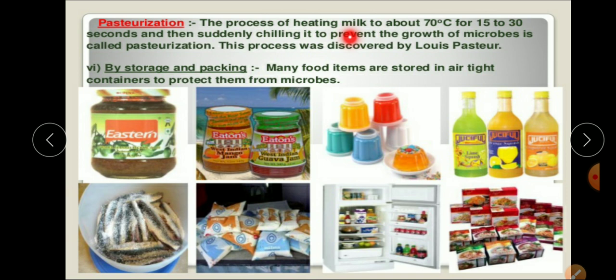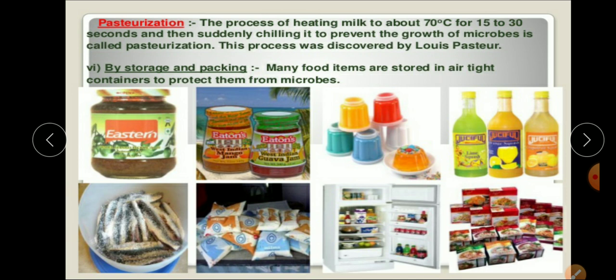The process of heating milk to about 70 degrees Celsius for 15 to 30 seconds and then suddenly chilling it to prevent the growth of microbes is called pasteurization. This process was discovered by Louis Pasteur.